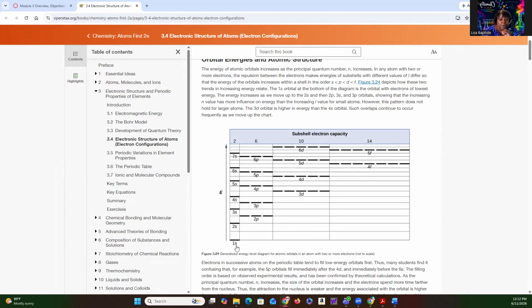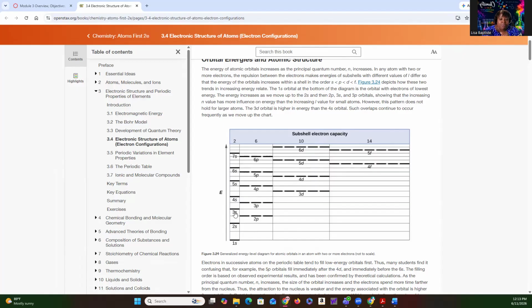So we go 1s, 2s, then 2p, 3s, 3p, 4s, 3d, 4p, 5s, 4d, 5p, 6s, 4f, 5d, 6p, 7s, 5f, and 6d.